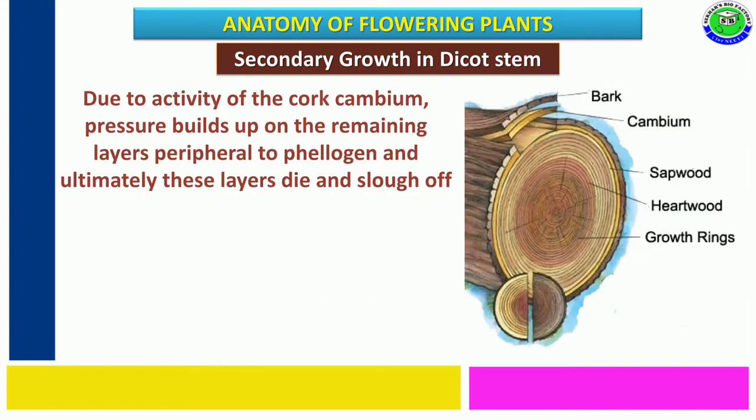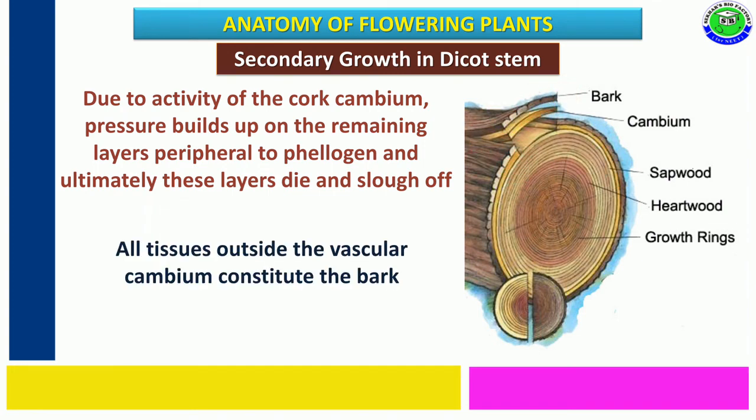Due to the activity of cork cambium, pressure builds up on the remaining layers peripheral to phellogen, and ultimately these layers die and slough off from the surface. All tissues present outside of the vascular cambium ring are referred to as bark.